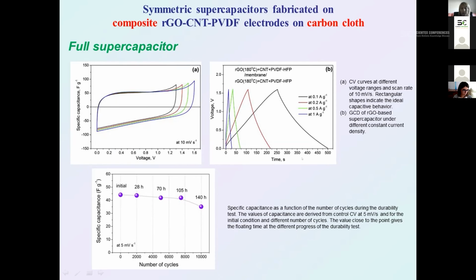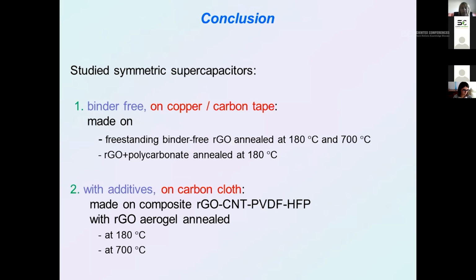It means that our two devices can be prepared easy, both in case when we use binder free on copper and carbon tape, and in case when we use different additives on carbon cloth.